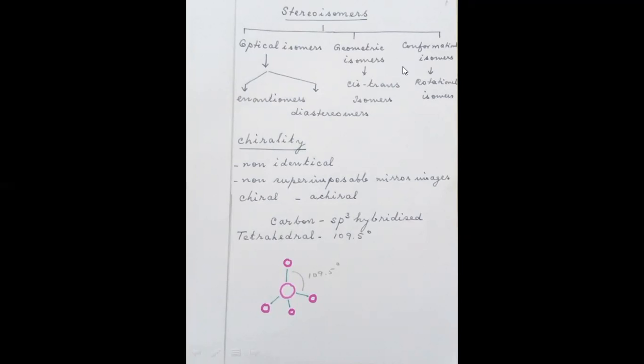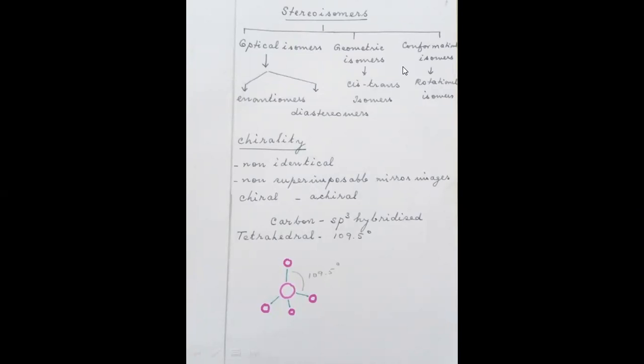The chirality is non-identical groups attached to the carbon atom. Carbon has four bonds. See, sp3 hybridized carbon is able to get connected to four groups.